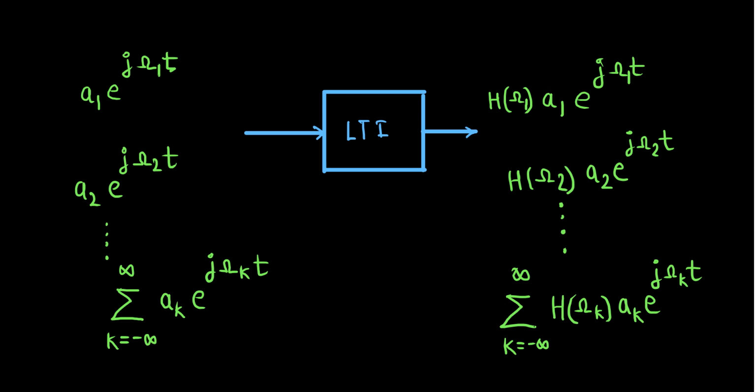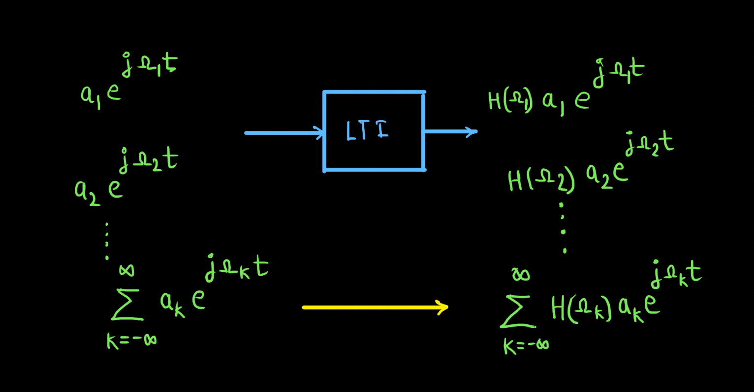So very interesting thing here. Just because this system is linear, a linear combination of complex exponentials would lead to a linear combination of these exponentials with the scaling factor of h of omega. And you should note that here the output is being scaled. If we are giving individual complex exponentials, we are getting the same exponentials but with a scaling factor that is being evaluated at the frequency of the input signal.